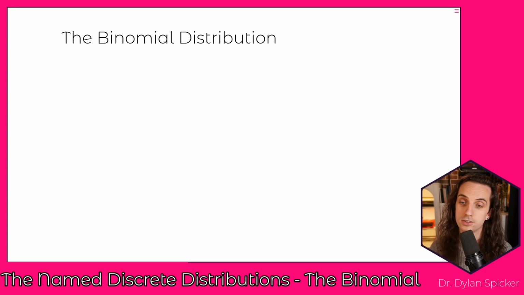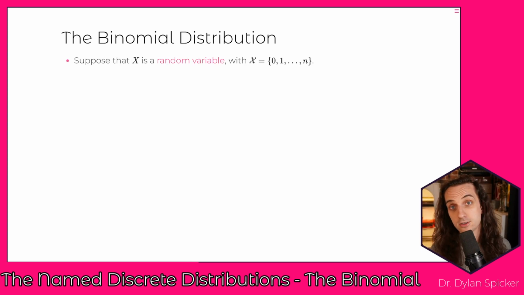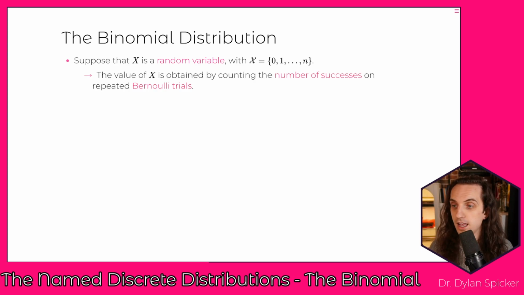So what does the binomial distribution look like? Well, x is going to be a random variable that takes on values between 0 and n. N is some positive integer. Then x here is obtained by counting the number of successes on repeated Bernoulli trials. A Bernoulli trial is going to be a single binary statistical experiment. So we can think about flipping a coin, for instance.